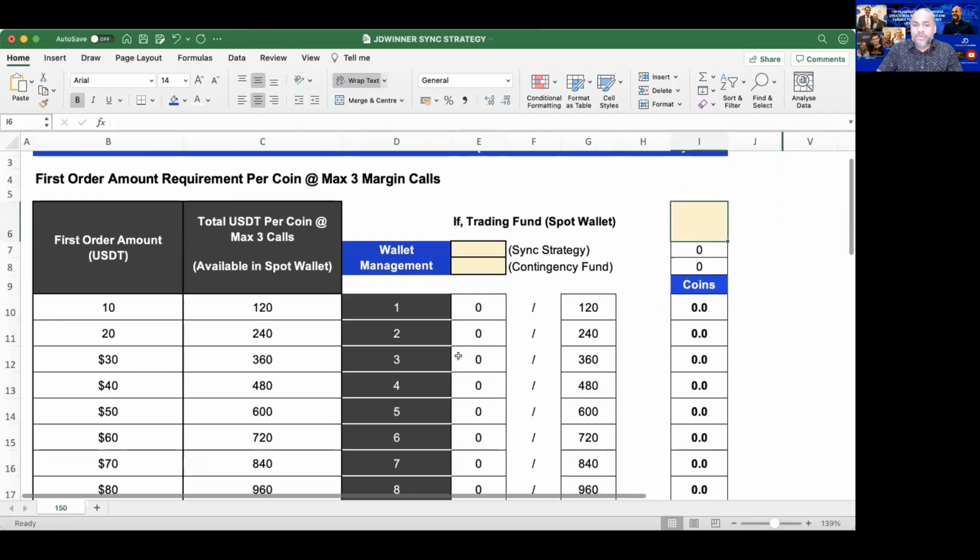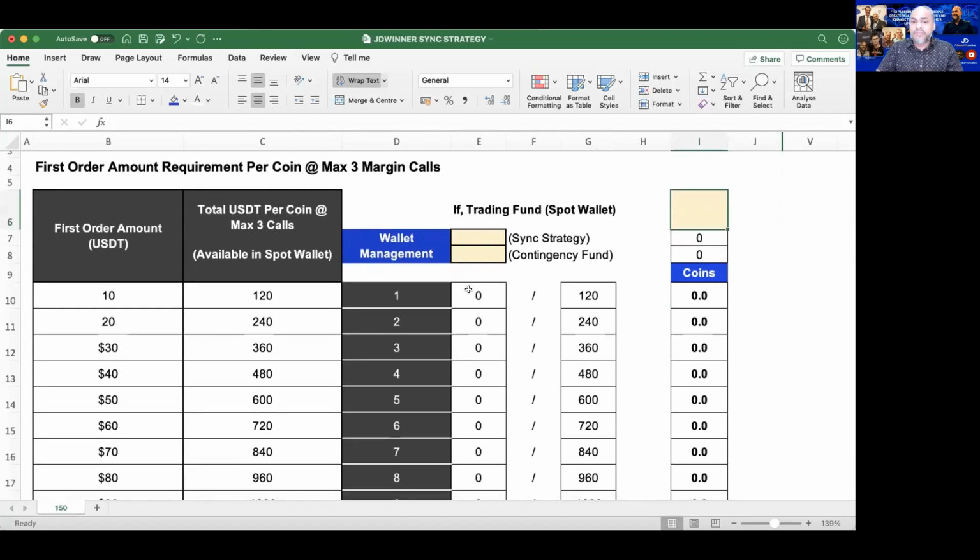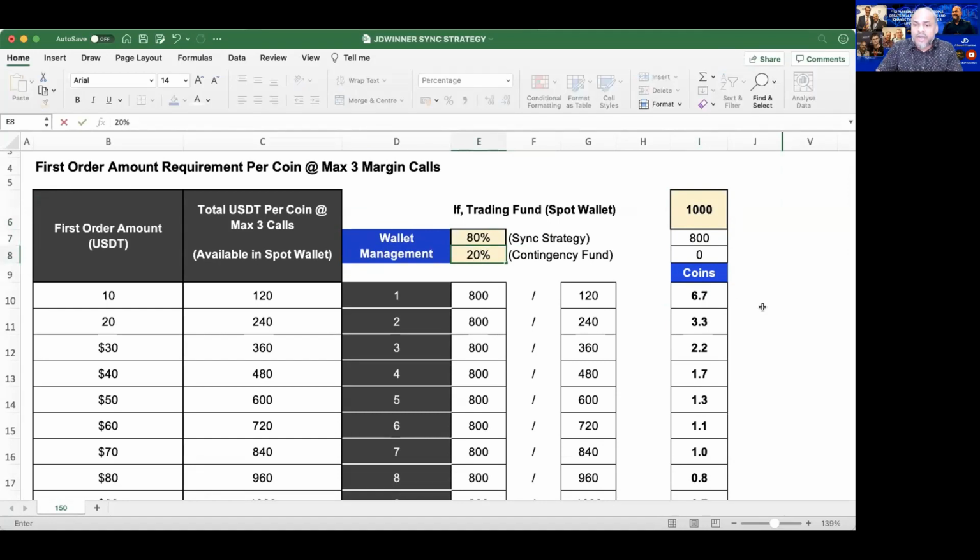Now over here, you want to know what will be my number of strategies, and also the coin. So here it will show you the coin. Let's say, for example, I key in $1,000. So my spot wallet or my trading fund is $1,000. Since the strategy is 80% and my contingency fund is 20%, now look at it.